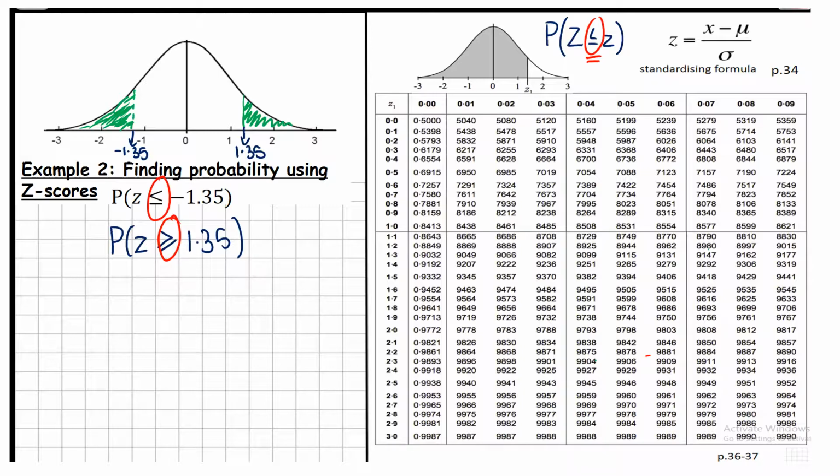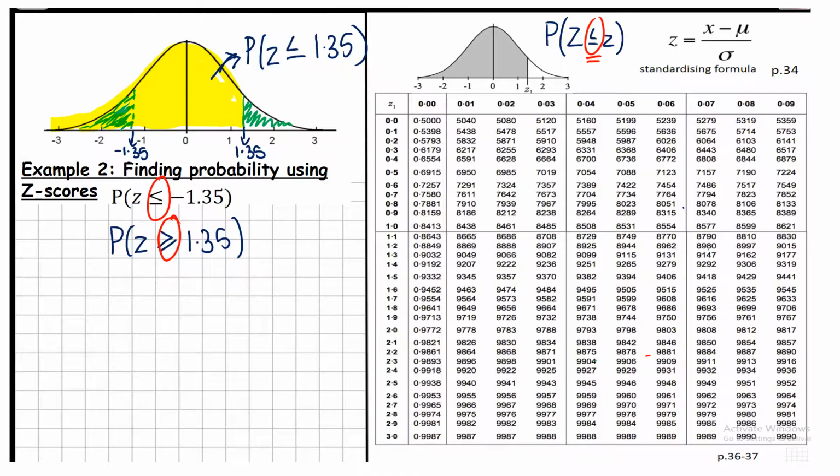So what I'm going to have to do here is say, well, I can't work out the piece that's going to the right of 1.35, but I'm actually going to work out all this instead. So I'm going to work out this piece here, which I can do because that yellow piece here is the probability, and I'll just write this in, that Z is less than or equal to 1.35.